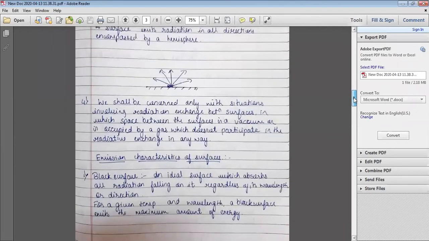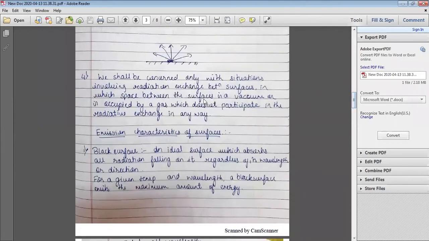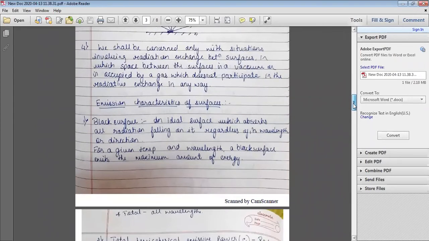And the fourth one, we shall be concerned only with situations involving radiation exchange between surfaces in which the space between the surfaces is a vacuum or occupied by a gas which does not participate in radiative exchange in any way. So this is my fourth basic concept.